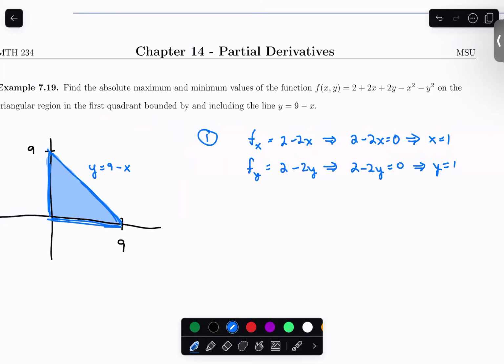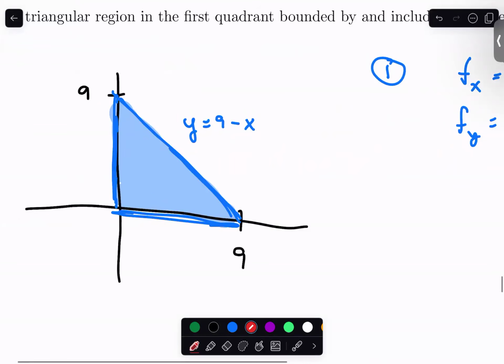So this tells me that the point (1, 1) is my only critical point. If I was to add to the drawing over here, I might do something like this, just to show that at (1, 1), we have a point of interest.